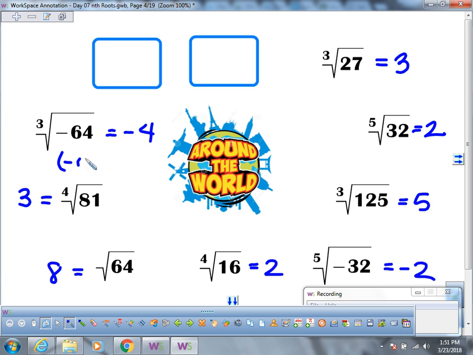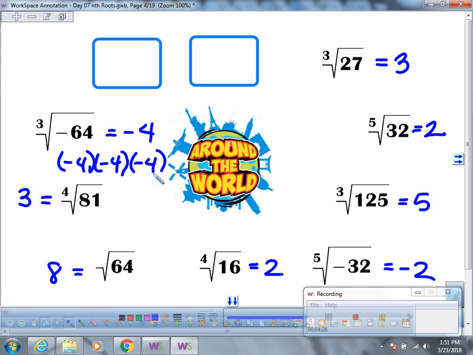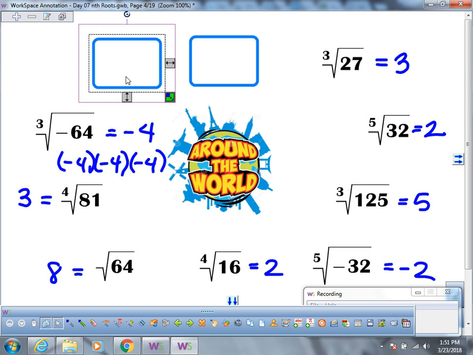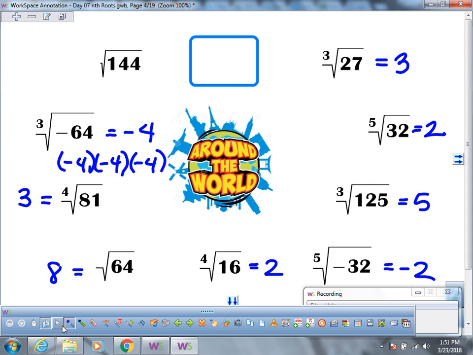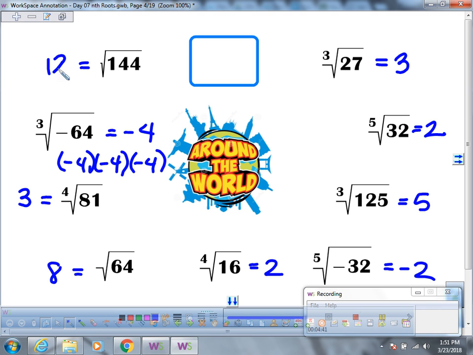Because -4 times -4 is positive 16, and 16 times -4 is negative 64. We're thinking squares, right?